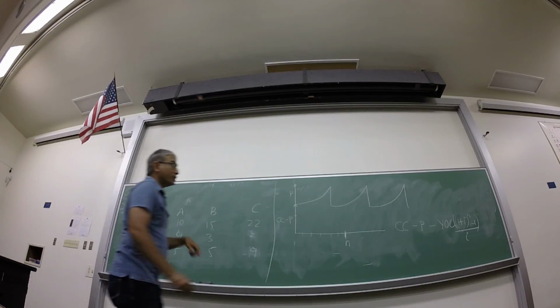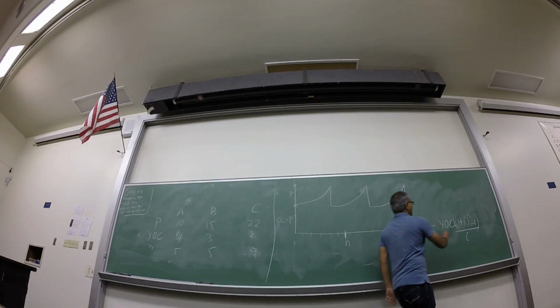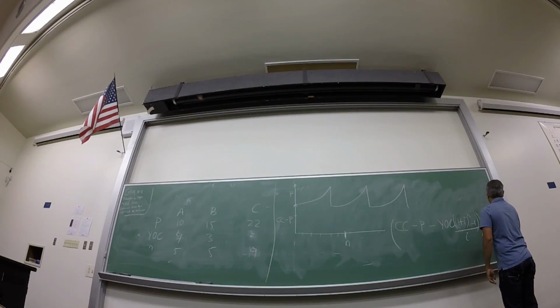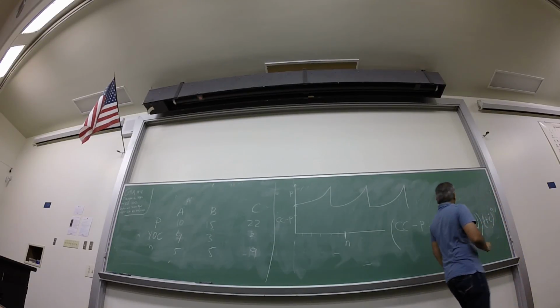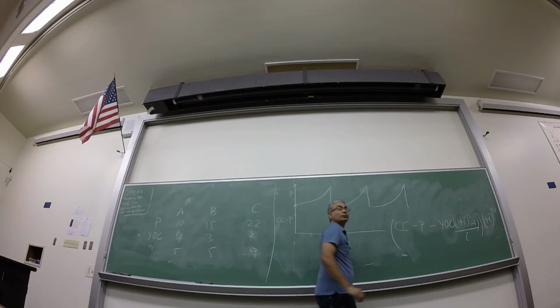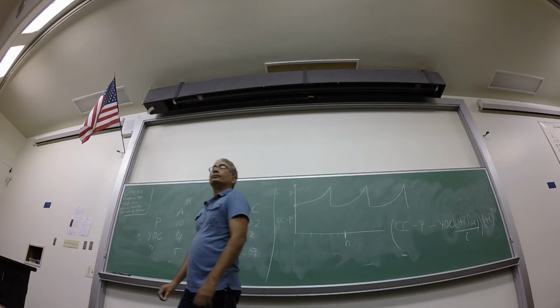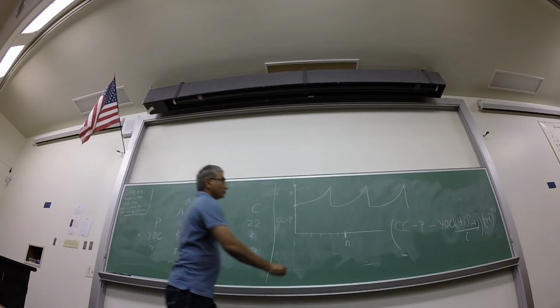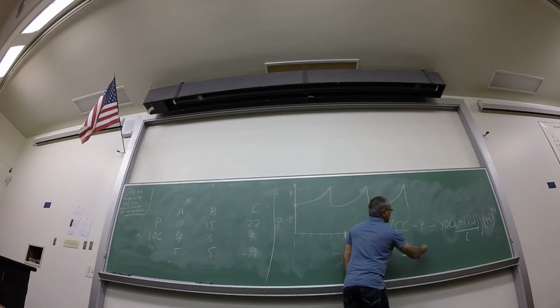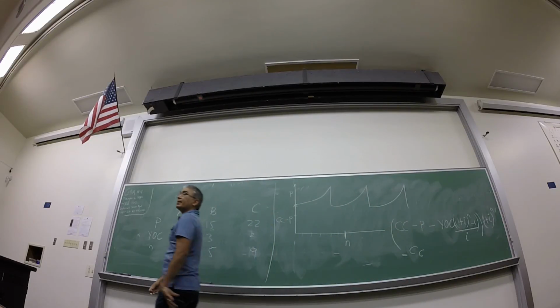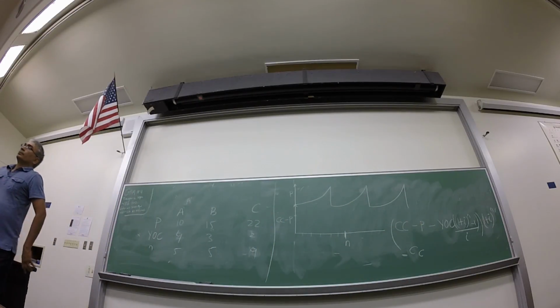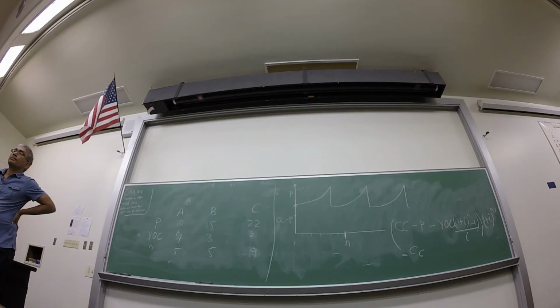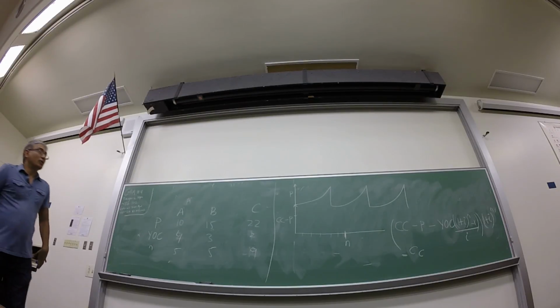And now you can grow this for n years. So this should then be equal to how much? CC, very good. Using this equation, you can calculate CC. Does it make sense?